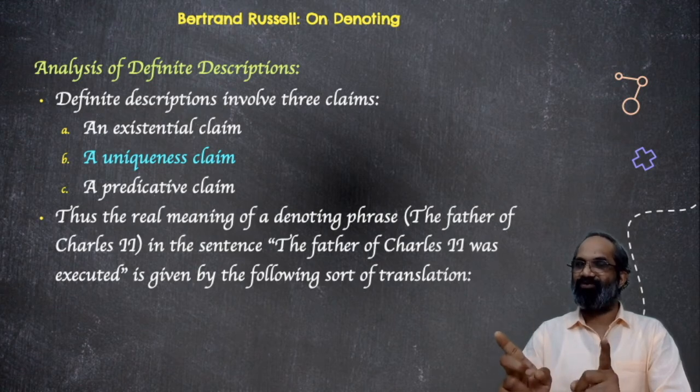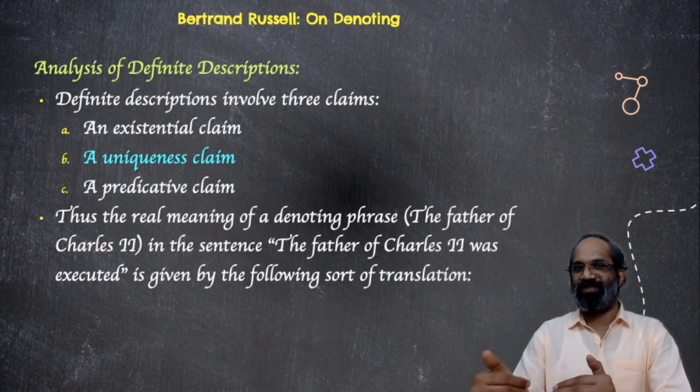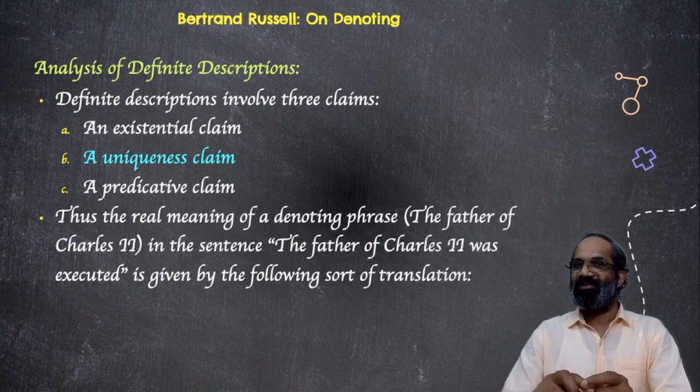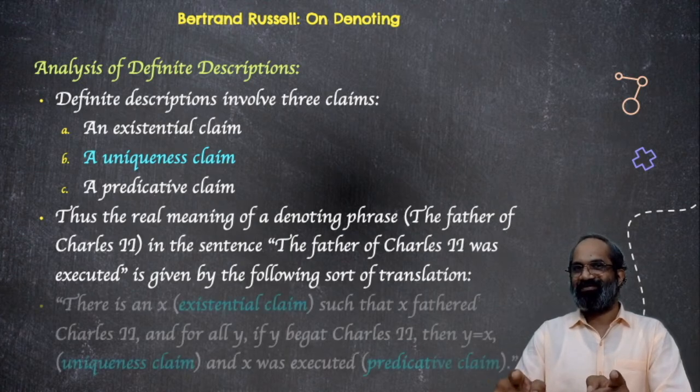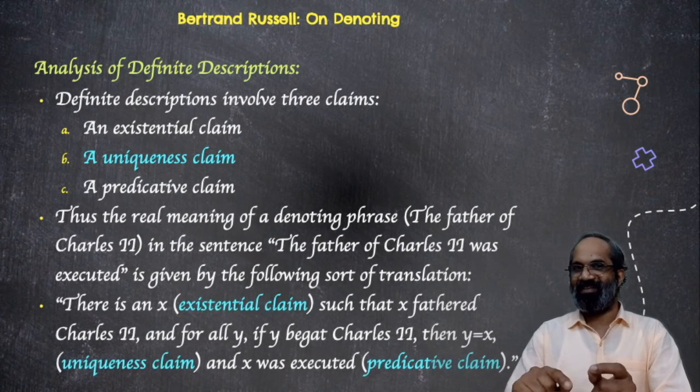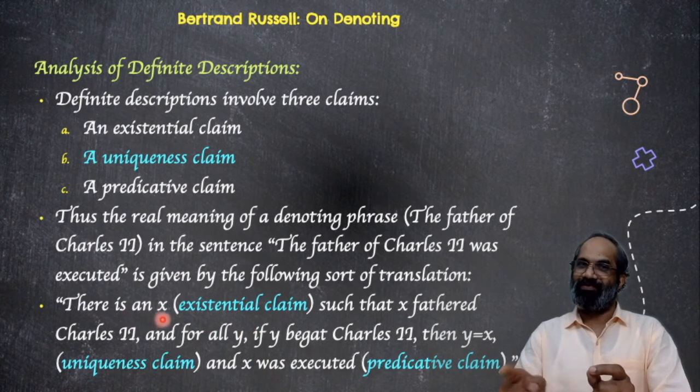So "the father of Charles II" is the denoting phrase, and the statement is "the father of Charles II was executed." So there must be three claims as noted earlier. The first one is the existential claim: there is an X. The second claim is the uniqueness claim, which means there must only be one father for Charles II.